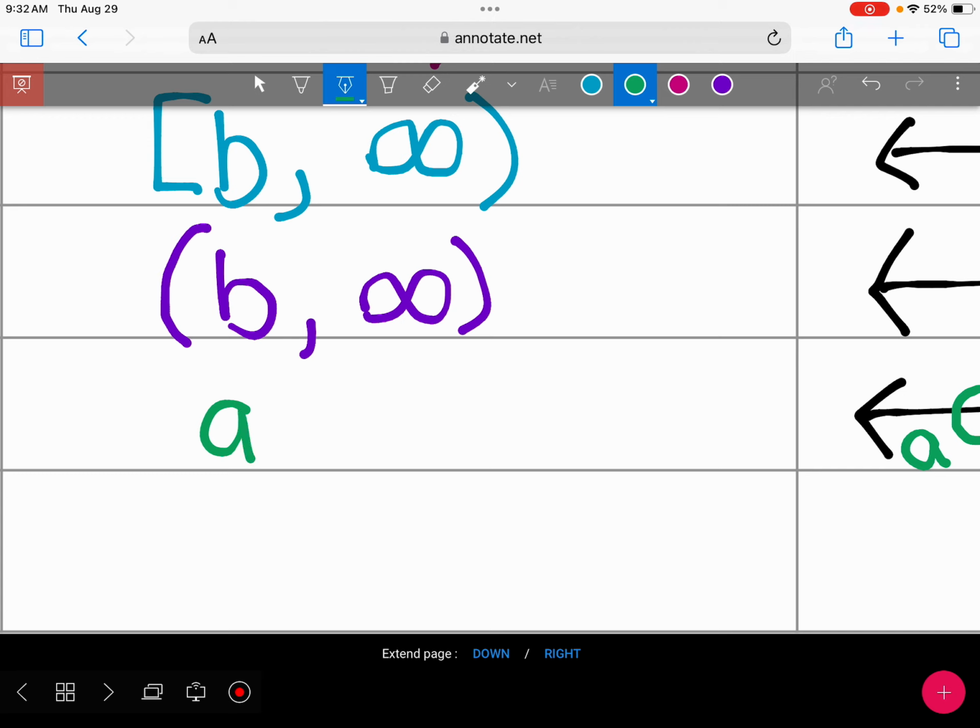A is going to have which one? Parentheses or bracket? Parentheses. And the B is going to have a bracket. So we're going to have wonky ones where they have some of each.